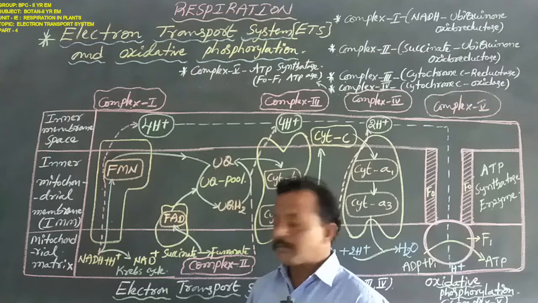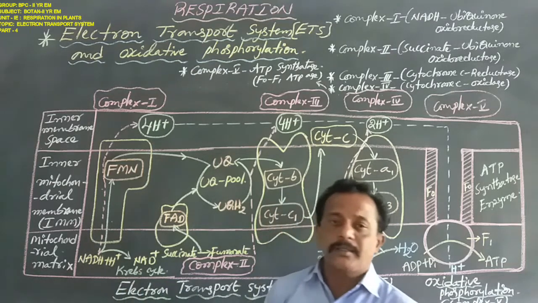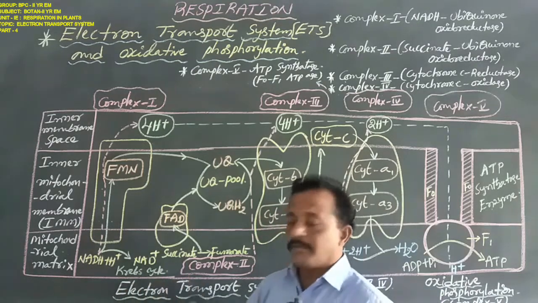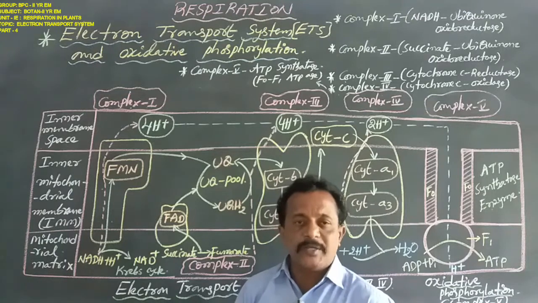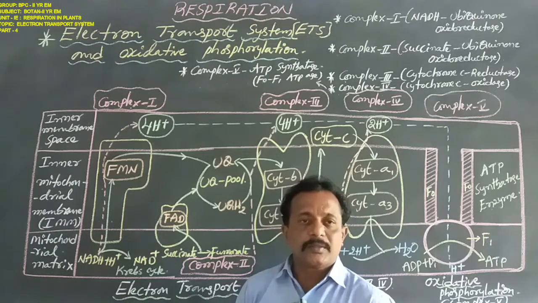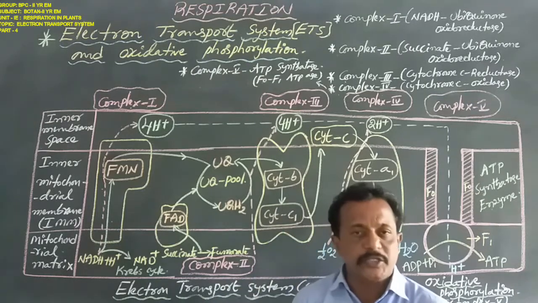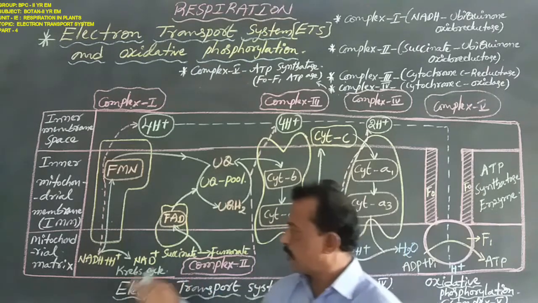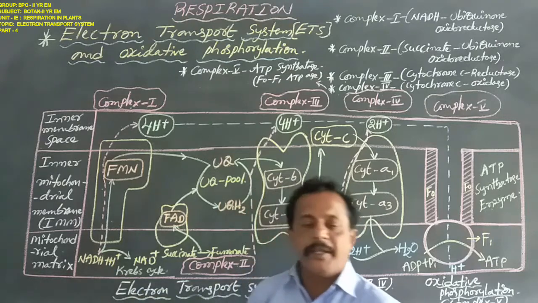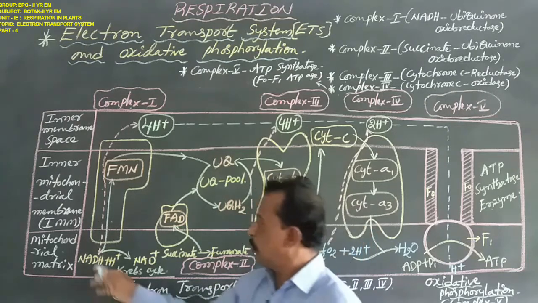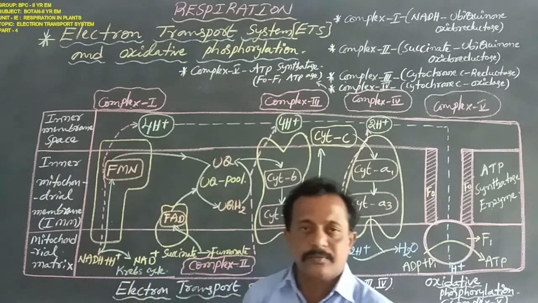The Krebs cycle, or citric acid cycle, forms some NADH2 and FADH2 molecules. These are reduced NADH2 and reduced FADH2. First, reduced NADH2 releases electrons.